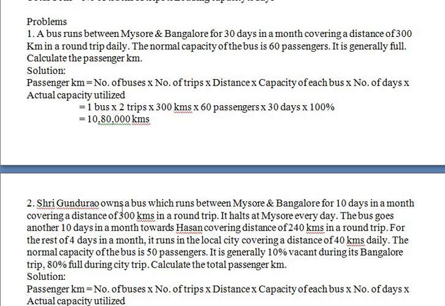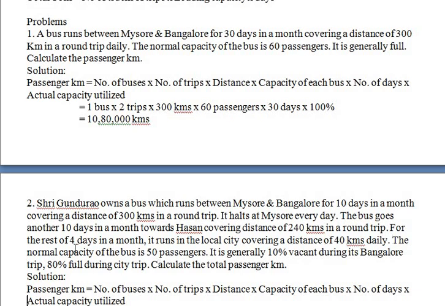Shri Gundu Rao owns a bus which runs between Mysore and Bangalore for 10 days in a month, covering a distance of 300 kilometers in a round trip. It halts at Mysore every day. The bus goes another 10 days in a month towards Hassan, covering a distance of 240 kilometers in a round trip.